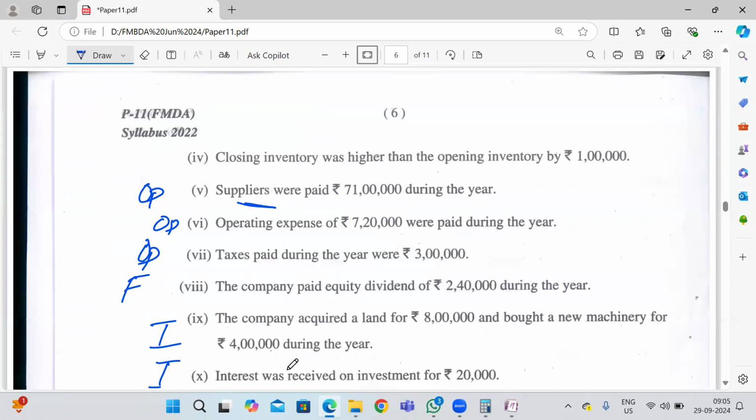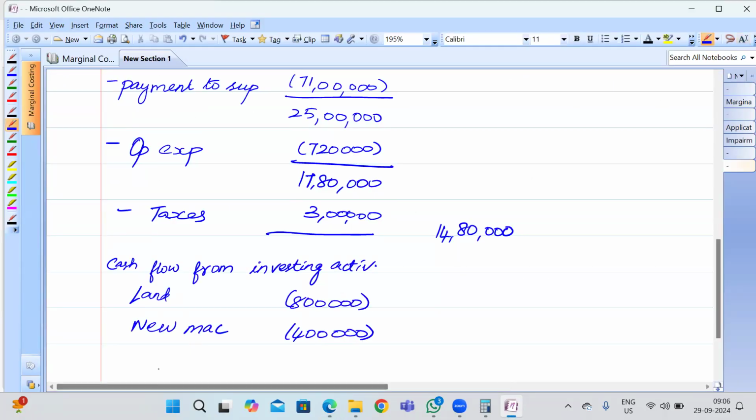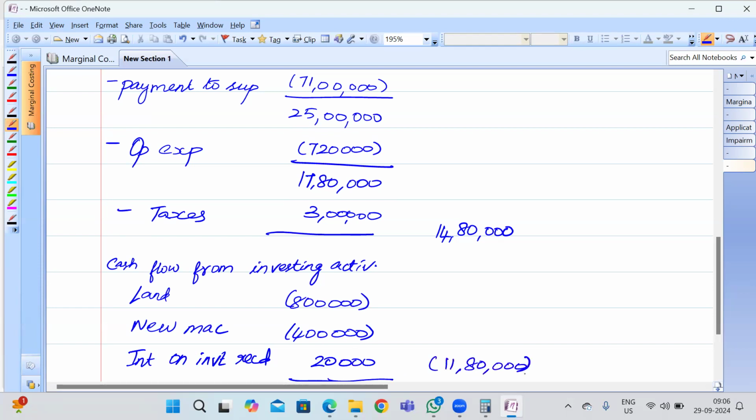We have interest received on investment of 20,000. This is an inflow, so I am going to add this. So together I will be getting 11 lakh 80,000 as my outflow from investing activities.